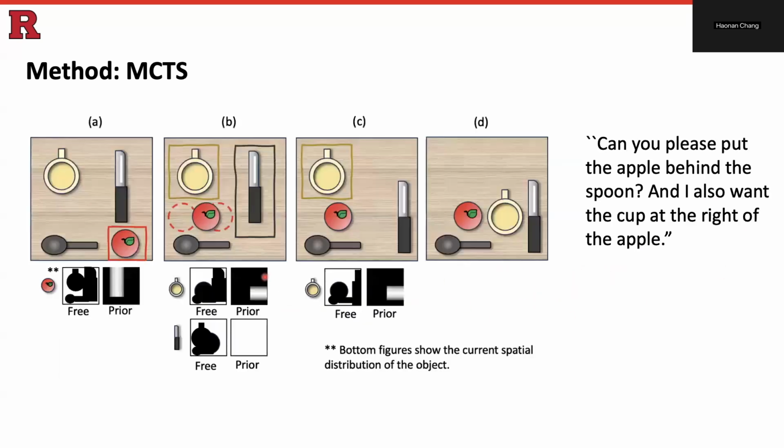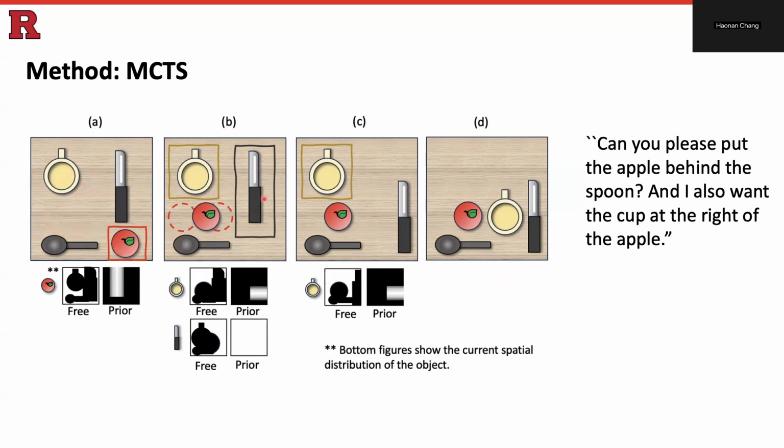Here we show a simple example. We have 4 objects on the table, and the task here is: can you please put the apple behind the spoon, and also put the cup at the right side of the apple. So this problem can be parsed into 2 patterns. One pattern is apple behind spoon, and the other is cup right of apple. We first sample the position of the apple. We say, I want you to be behind the spoon, so it's somewhere in this region.